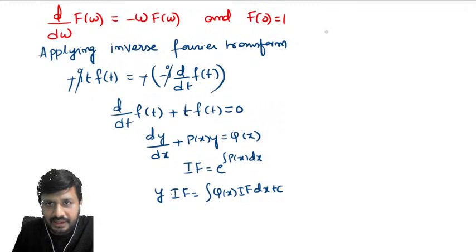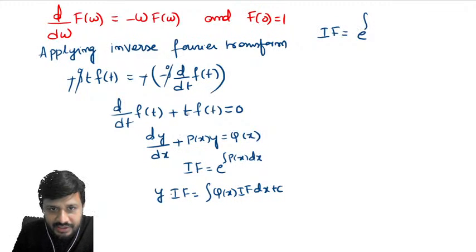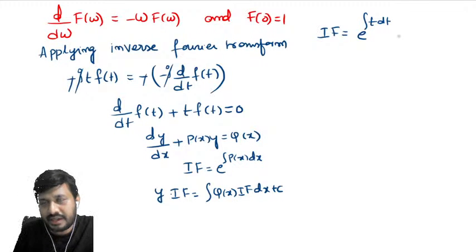Now what is the integrating factor here? In our problem the integrating factor is e power integral t dt, t being in the place of p of x, so this is e power t square by 2.